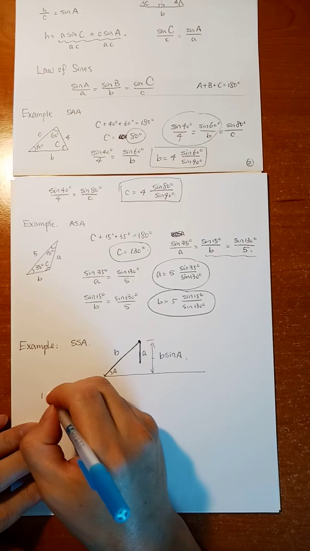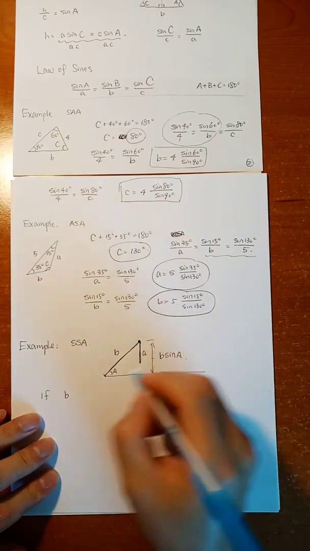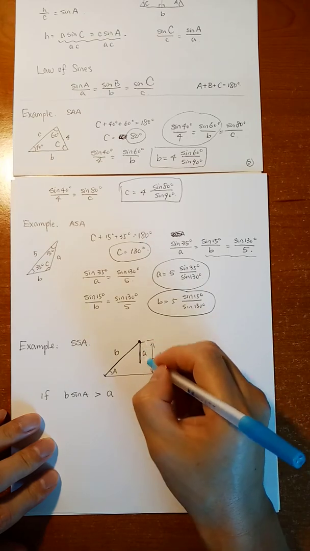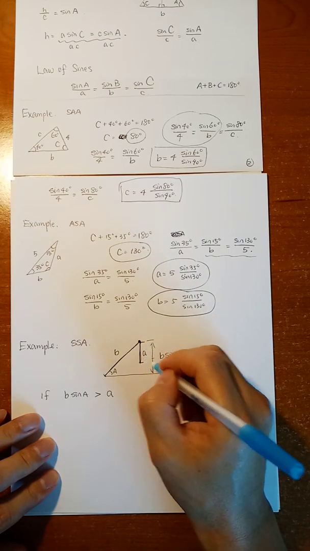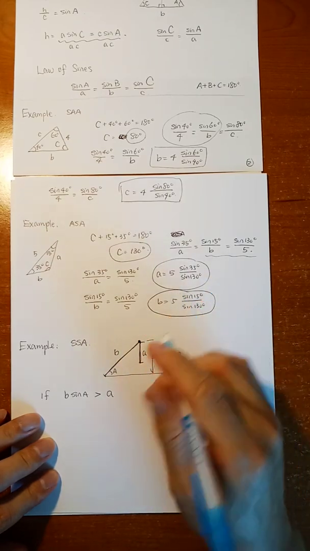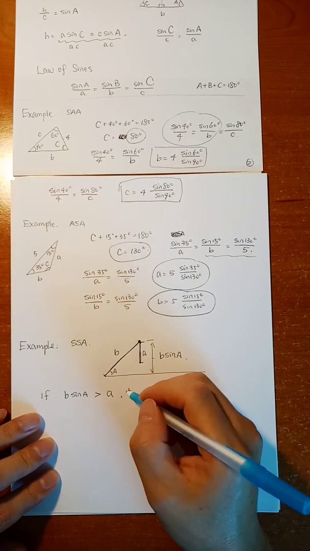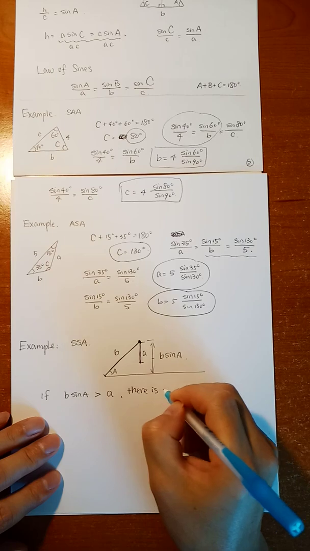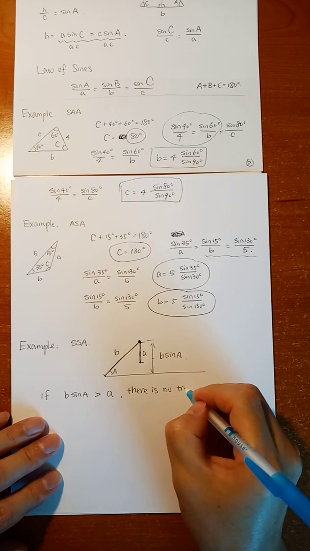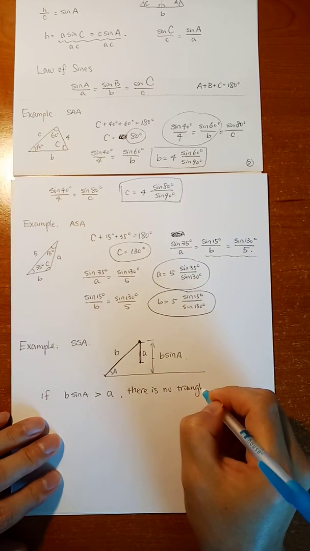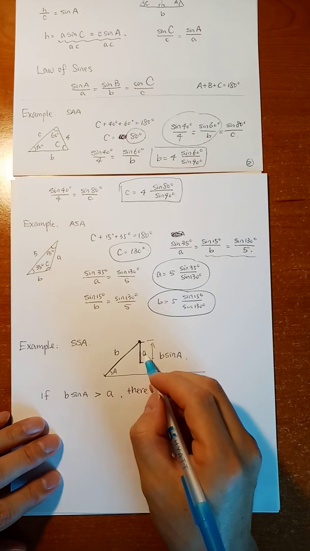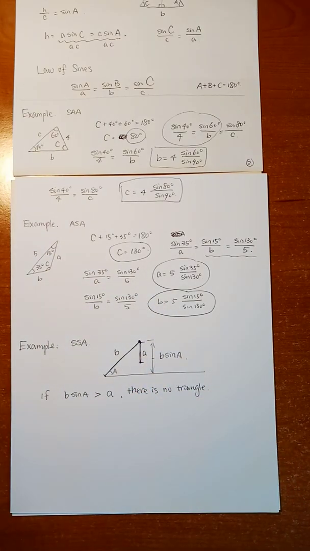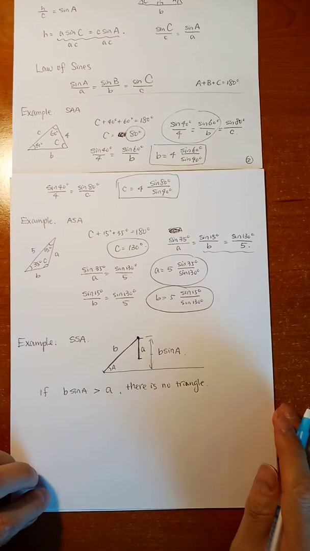So if B sine A is greater than A, if this provided number is smaller than this height, there's no triangle. Which means with the data A, B, and angle A, you cannot construct a triangle, zero triangle.